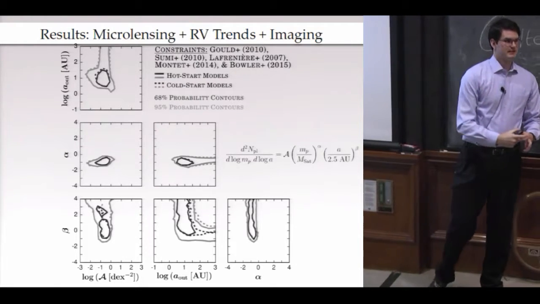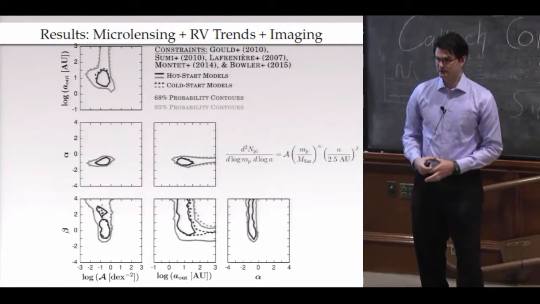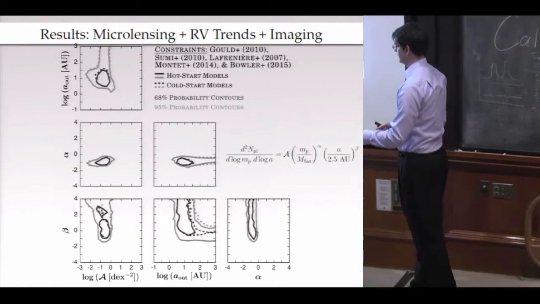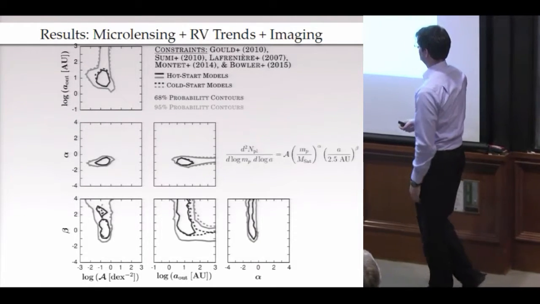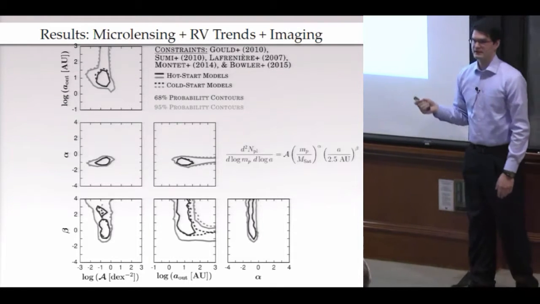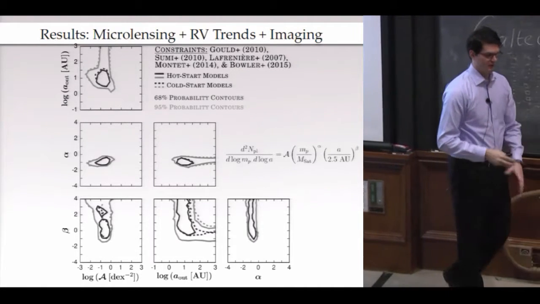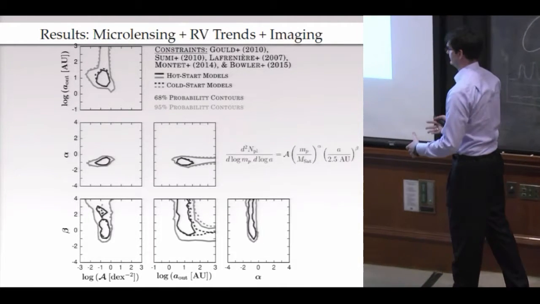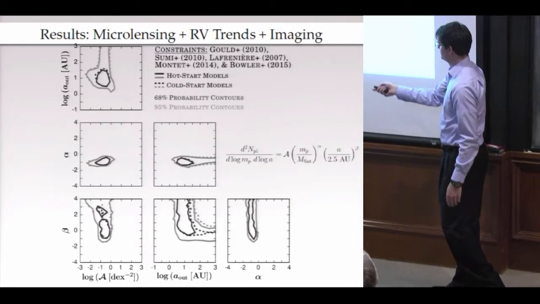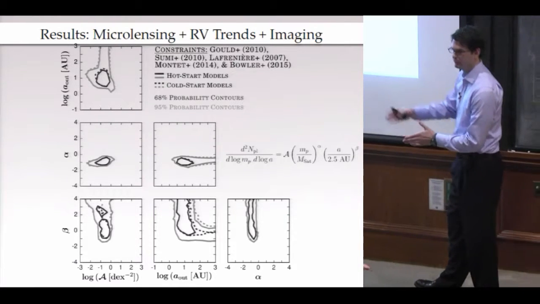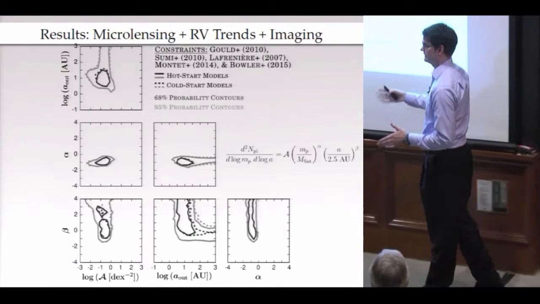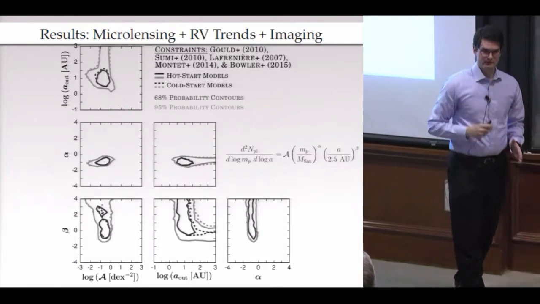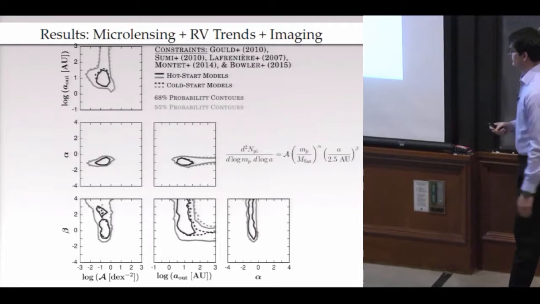The reason for this is that the inner working angle for the direct imaging surveys that I assume is, at their typical target distances, about 13 to 15 AU. Since none of these surveys actually detect any planets, no matter what the other parameters of your planet population are, you're always consistent with the direct imaging surveys. Now, as you allow this outer cutoff radius to move into regions where direct imaging surveys are sensitive, you must compensate for that by shallowing out your planet separation distribution function.